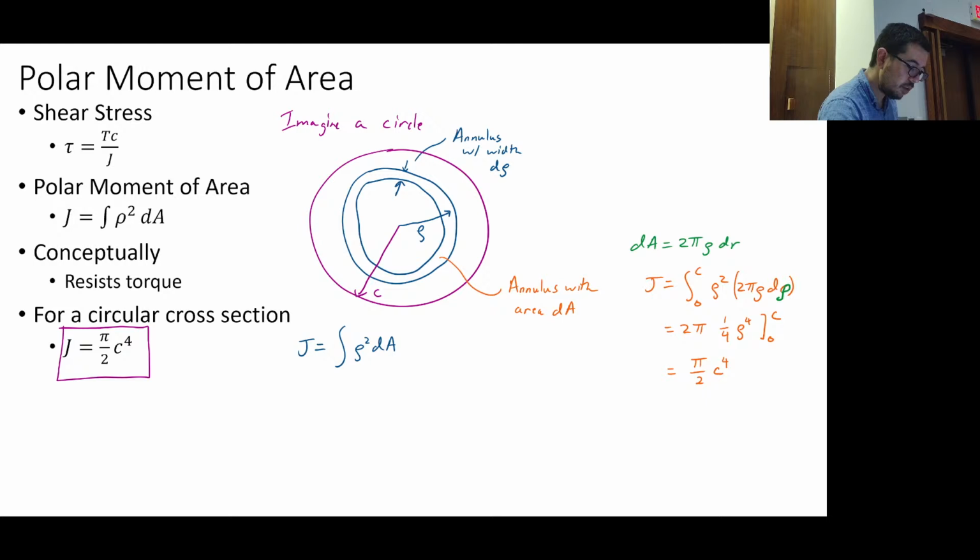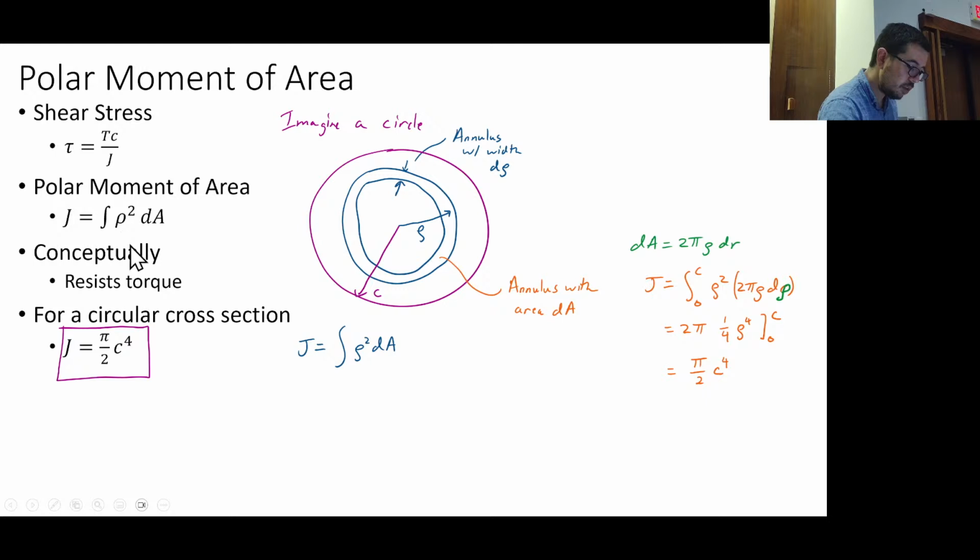So we have this idea that J is somehow related to radius. If I make the radius of a shaft larger and larger, it's going to have a lower stress. And it's not just radius, it's actually radius squared.